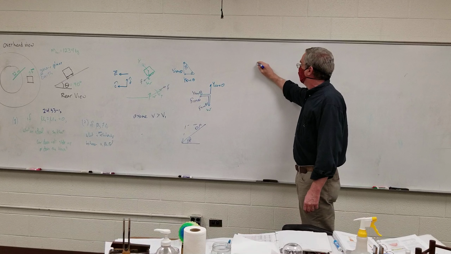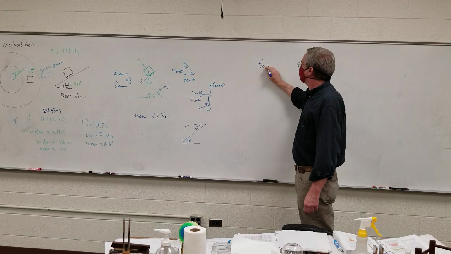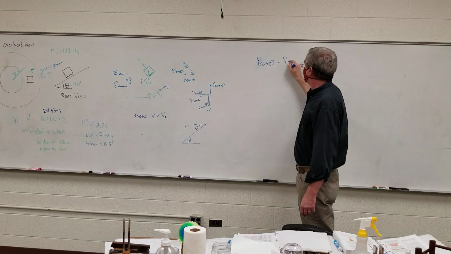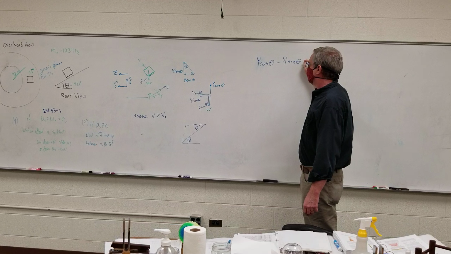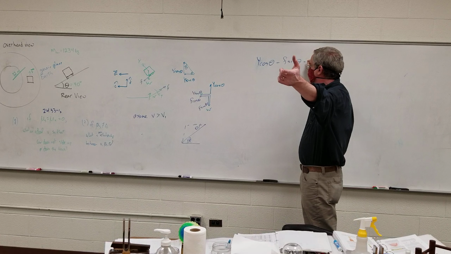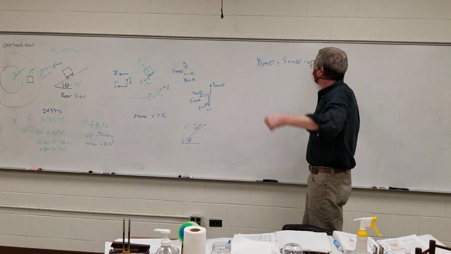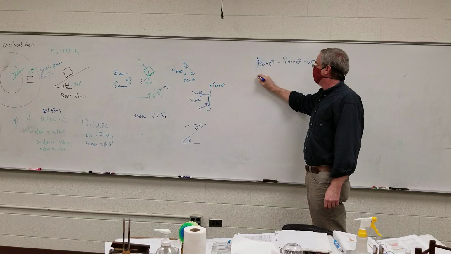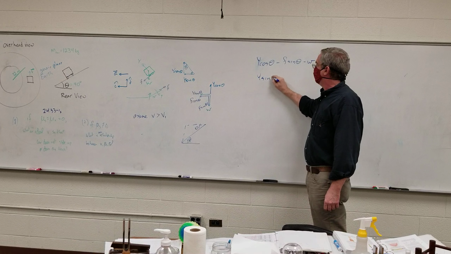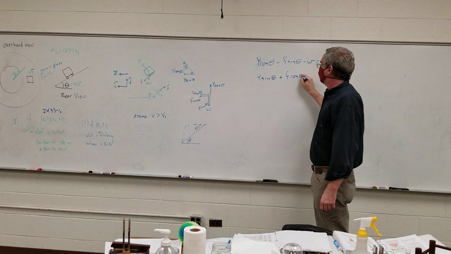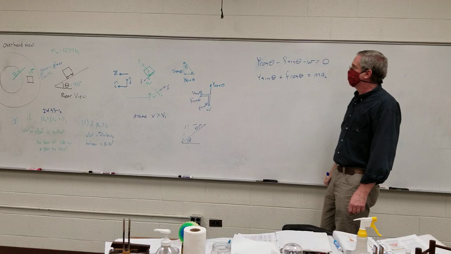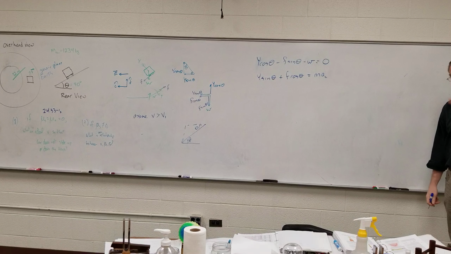Cool, y cosine of theta minus F sine of theta is equal to minus weight, equal to 0. And then y sine of theta plus F cosine of theta is equal to m times centripetal acceleration. There we go.